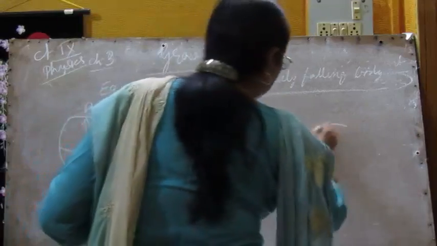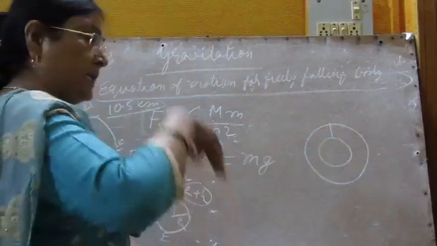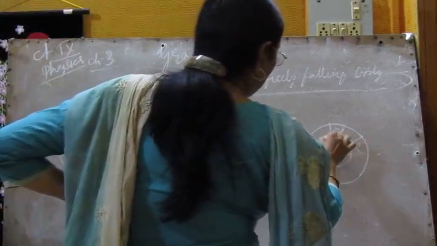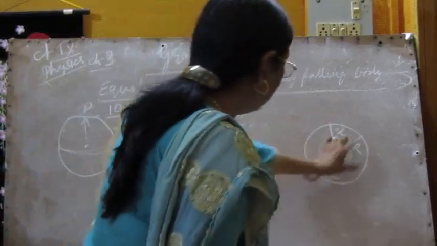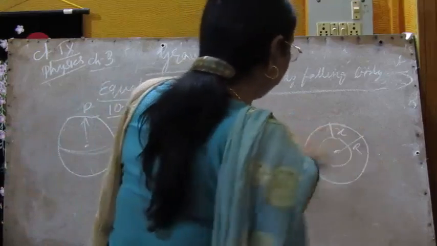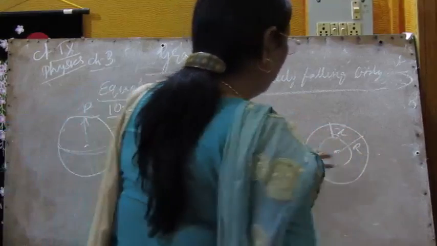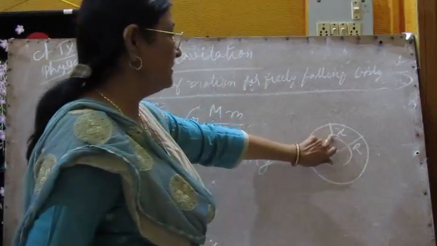Now suppose this is R, and an object is going inside to a depth of x. Since this is the radius R, but the object comes up to here, then this portion, the outer ring of the earth, does not affect the object. Only this much of the earth's mass will attract the object.